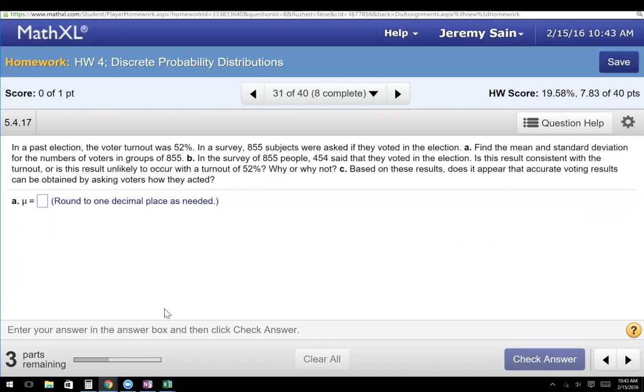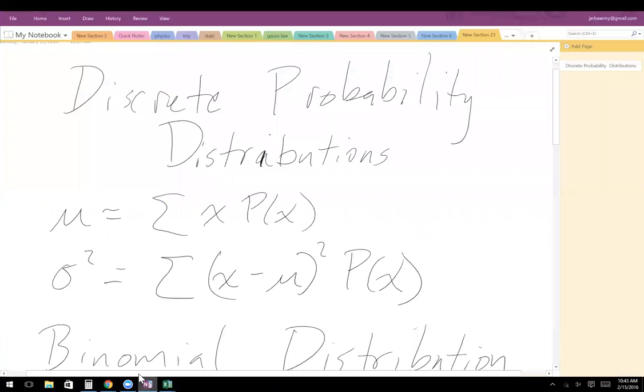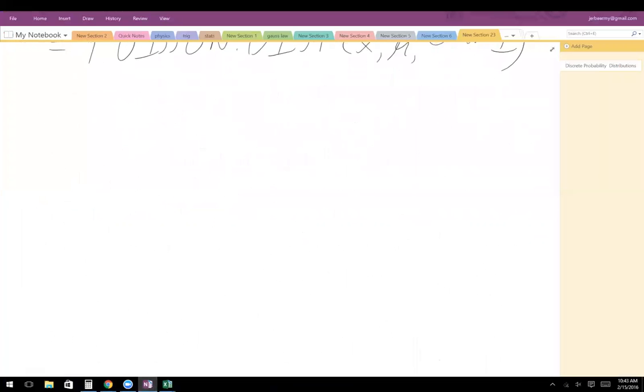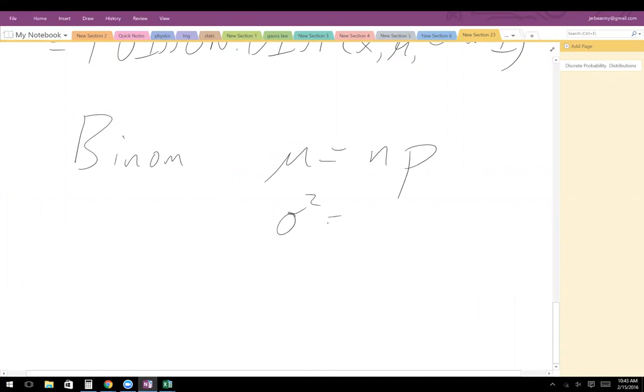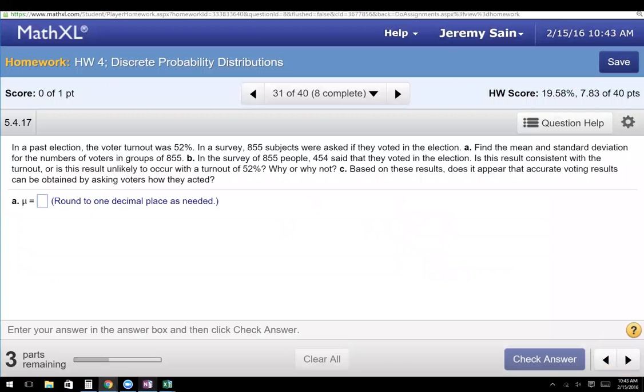But for binomial, we said it was really easy because somebody did all the algebra for us at some point in the past. We got that the mean is just n times p, and the variance is just npq. So if you've got a binomial, finding the mean or standard deviation is really, really easy.